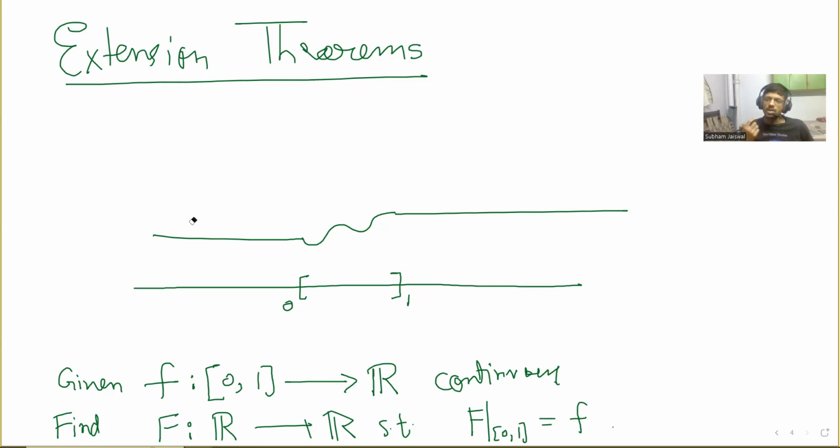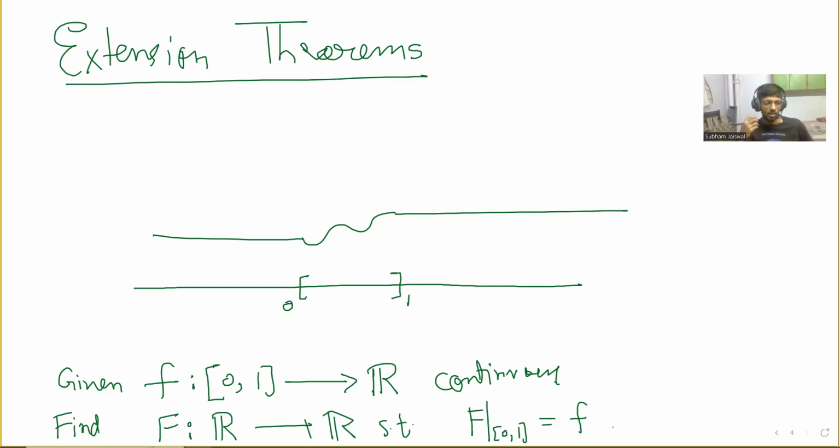One of the intuitions is that if you are asking the same question in R^n, or you can imagine R^2, then if the boundary is simple, you can do the same kind of trick.